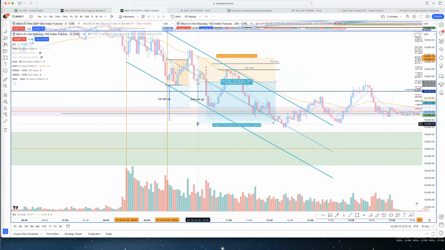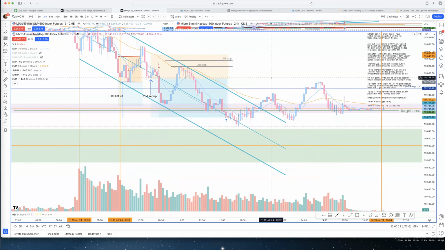And instead of just getting out or just freaking out too much, I decided not to hold for 1.7. So I came back and moved it to 1.59, 1.6R. And I got out right here.